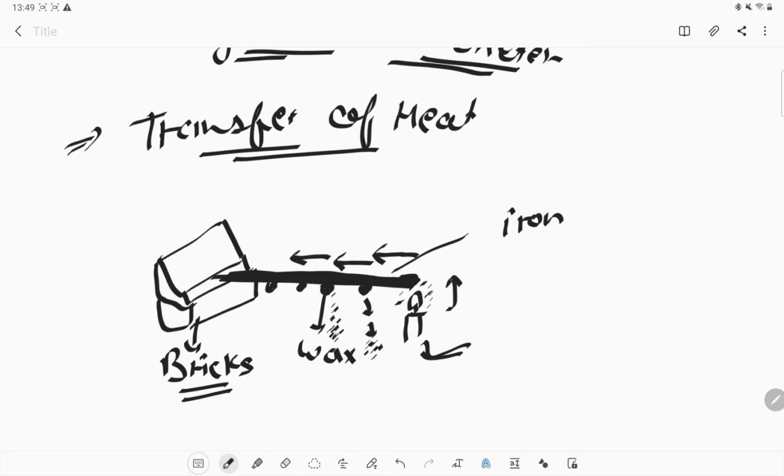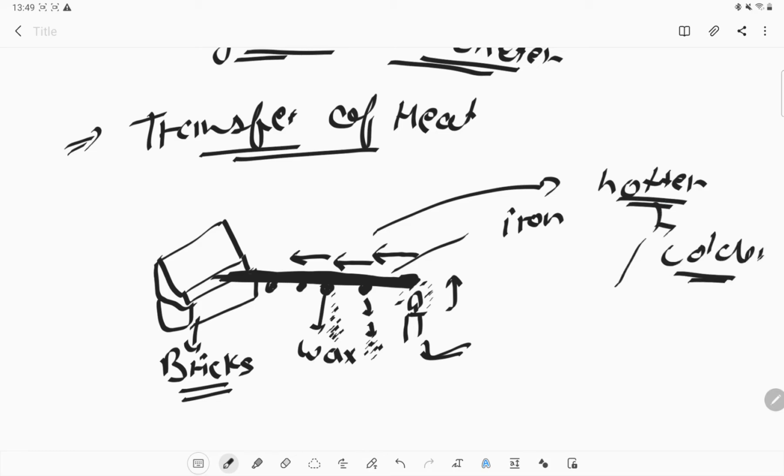The same situation goes on. So this transfer of heat, the process by which heat is transferred from a hotter end to a colder end in an object, is known as conduction. So this is what conduction is.